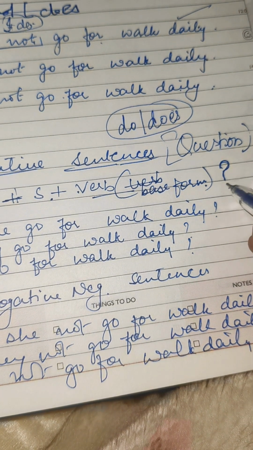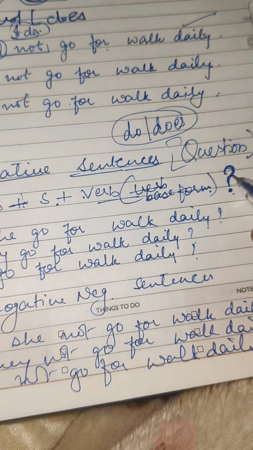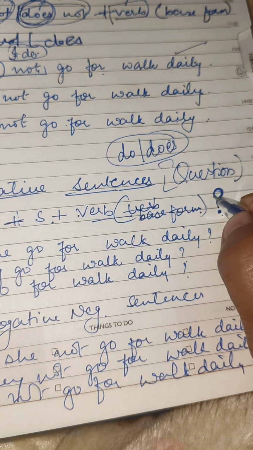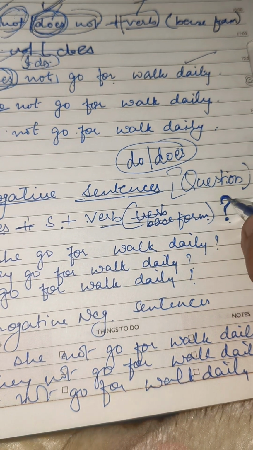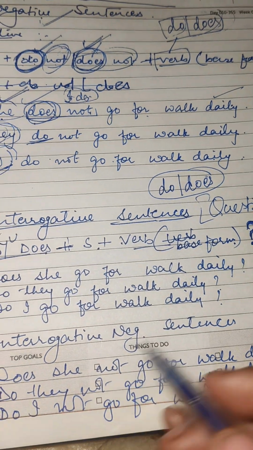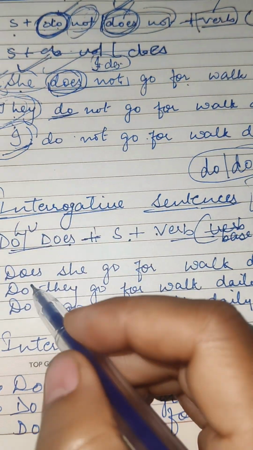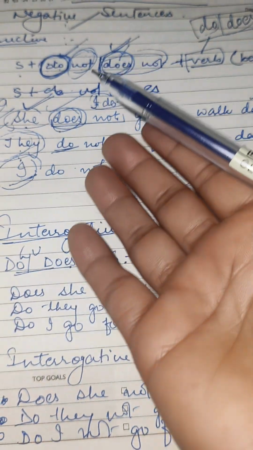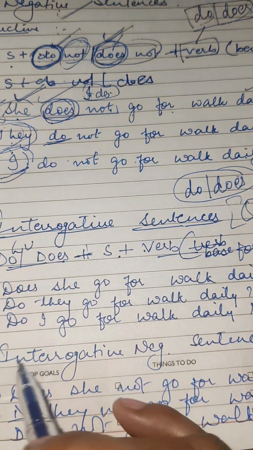If you are not using a question mark, then your sentence will be considered a little bit wrong. So punctuation marks are very important. They play a very important role in a language, in writing. So let's see certain examples, the same sentences we talked about in negative sentences.